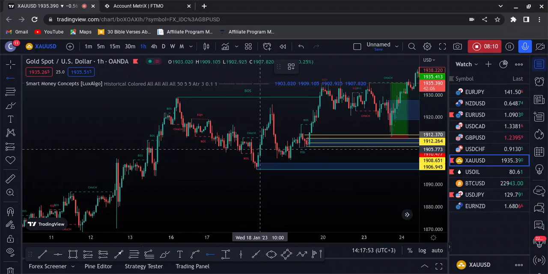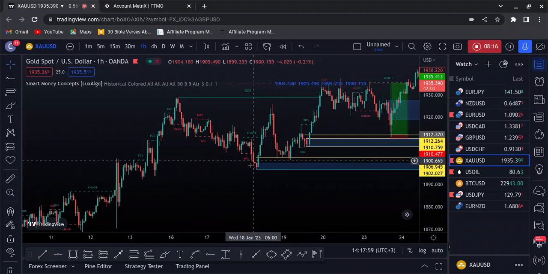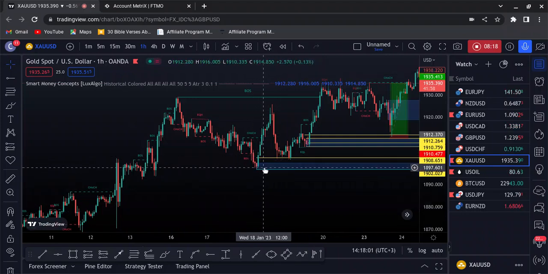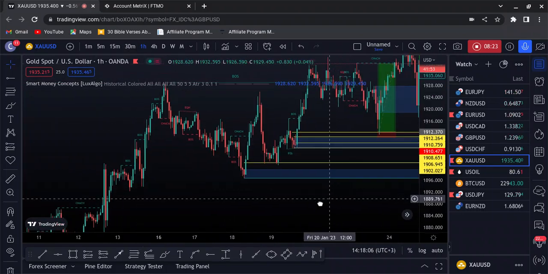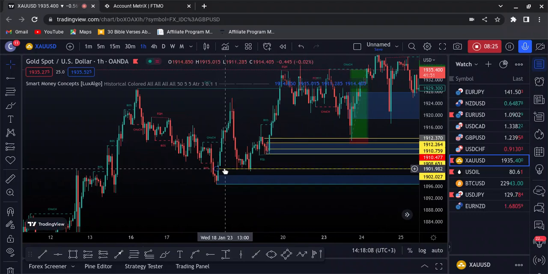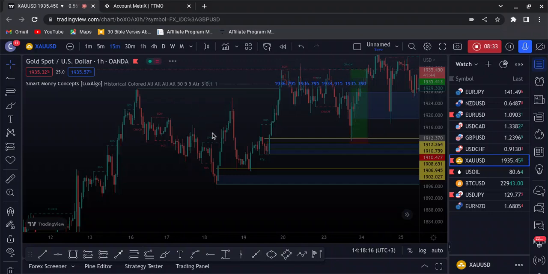So going to the lower time frames, I identified my zone. We had two zones here. The first zone was around here, and the second zone was in this H1 zone. Sometimes the market will respect lower time frame zones, so you find that you have two zones.